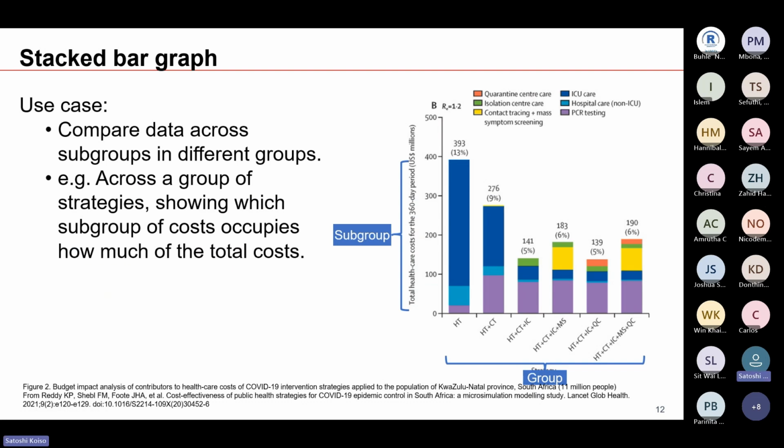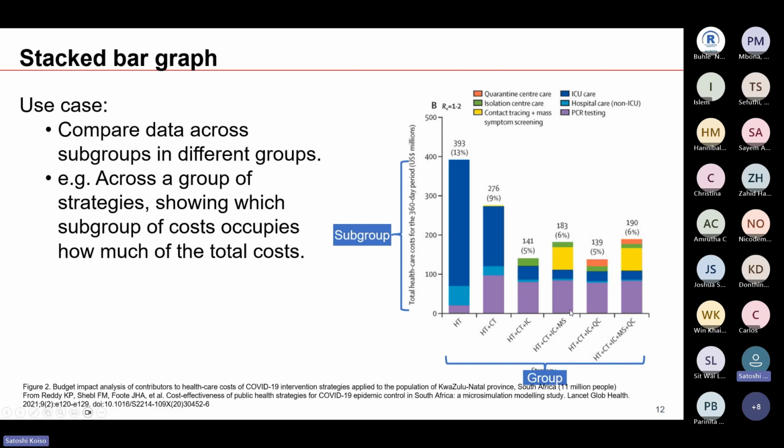Okay, so the next one is the stacked bar graph. It's a kind of brother of the bar graph, so you can use this one to compare data across subgroups in different groups. For example, you can show across a group of strategies which subgroup of cost occupies how much of the total cost.